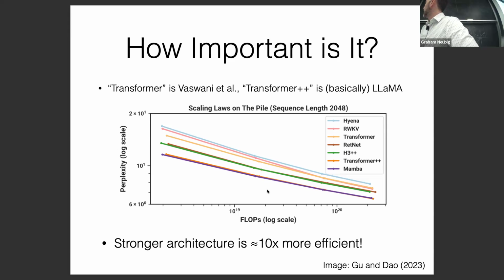And then they compare the perplexity based on the number of training flops. If you look at the yellow transformer and the orange transformer plus, you can actually see that it can take 10 times more flops to achieve an approximately similar result with the old architecture compared to the new architecture.